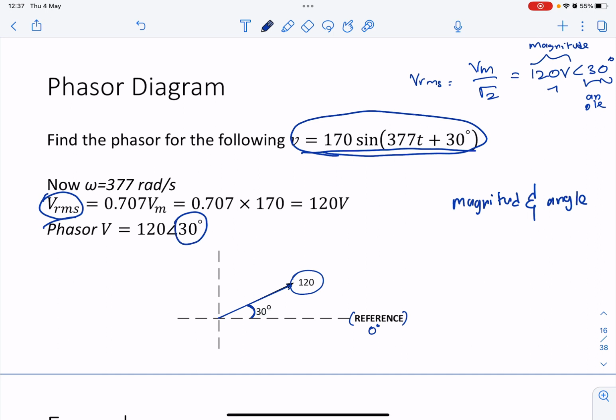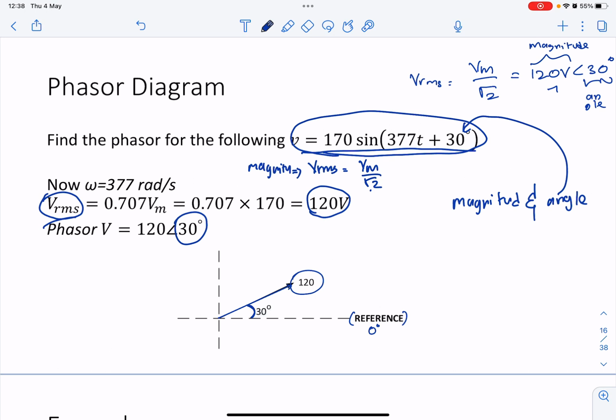So magnitude-nya is VRMS. VRMS is equal to VM divided by root 2, and your angle is this one. So VRMS is equal to 170 divided by root 2. You should get 120.